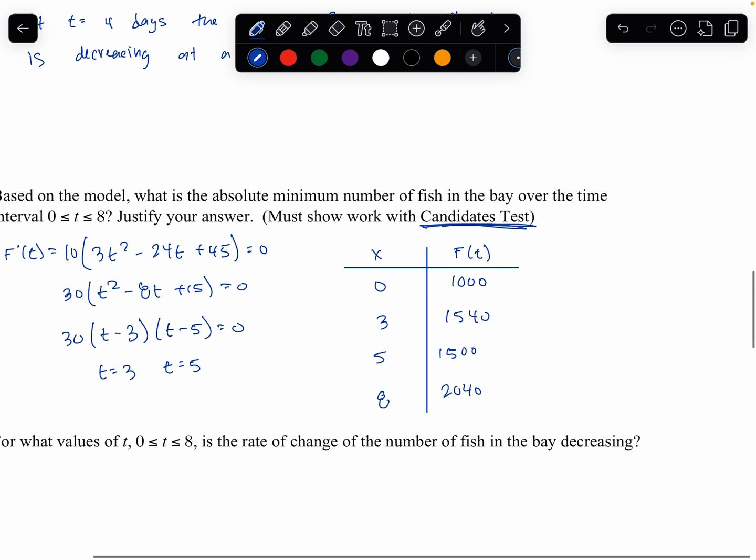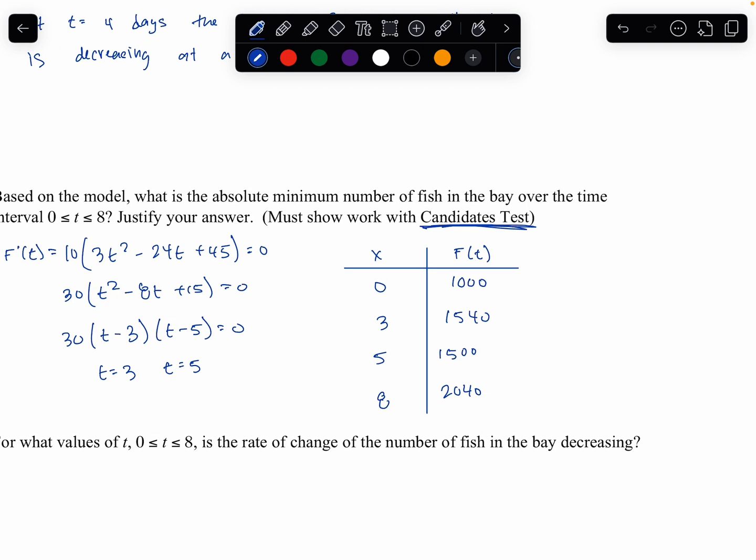So what is the absolute minimum number of fish in the bay? 1,000 is the absolute minimum number of fish in the bay from t equals 0 to t equals 8 days.